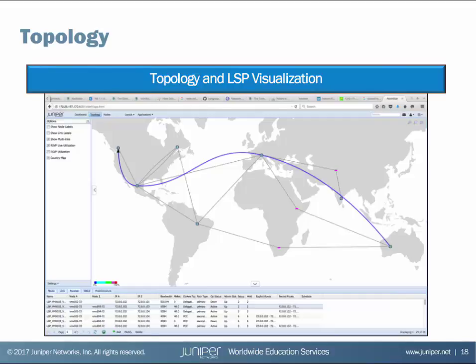You can view everything about the nodes, the links, the tunnels, the demands on your network, right? Just right-click on it, view it, and it appears on the topology map. Like if I go to the tunnels tab and I click on a label switch path, it literally shows me the path. Which nodes, which links does this LSP traverse from point A to point Z. That's what I can view. Okay?